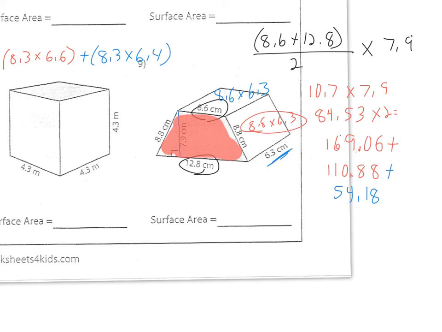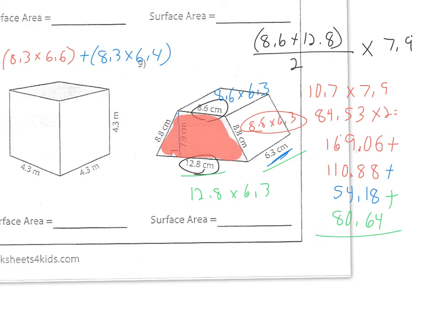And then I find that bottom one, which is going to be those two dimensions, so 12.8 times 6.3. And again, I only have one of them, so I don't double it. And I get 80.64.